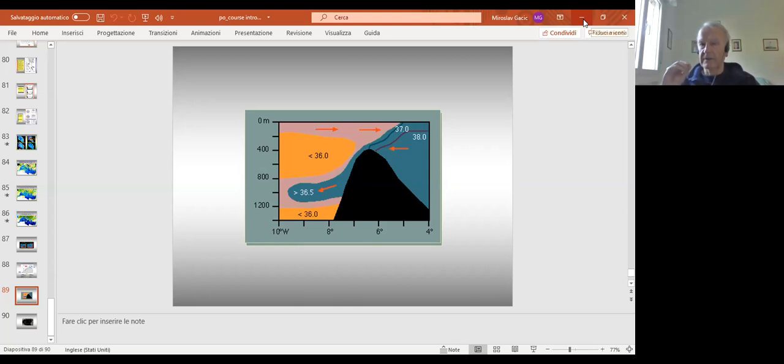The formation, the vertical convection, depends on the local climate in these two specific areas. Therefore, we will see later on how climate change can influence the global conveyor belt.